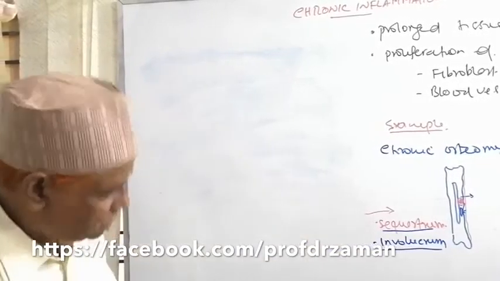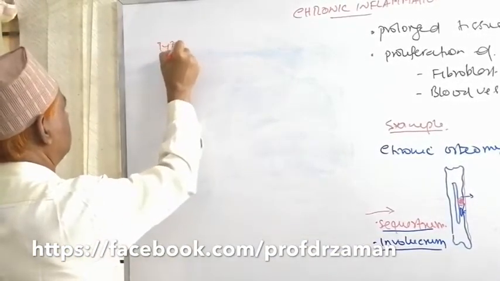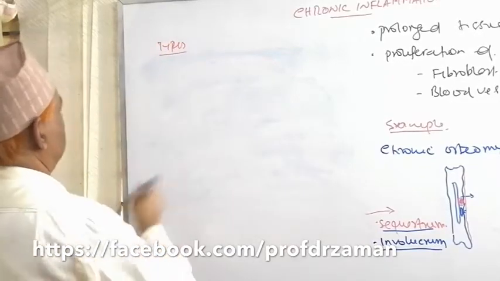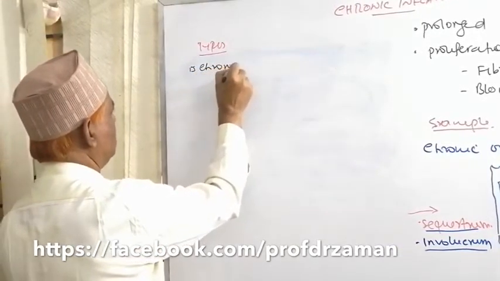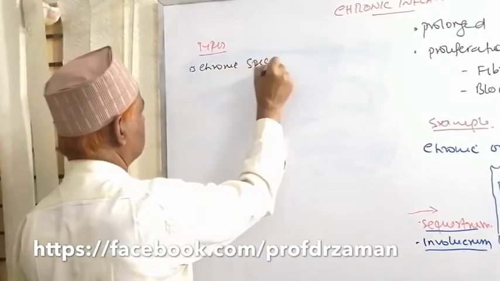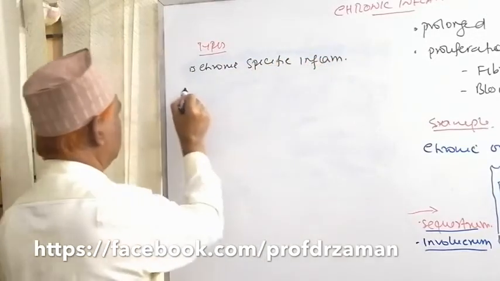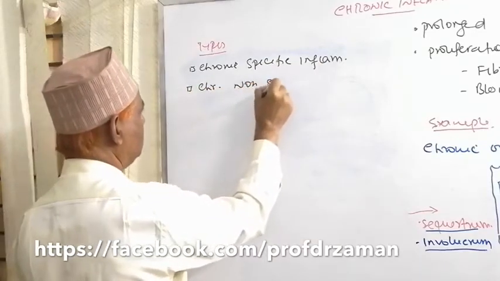Now come to types of chronic inflammation, or classification of chronic inflammation. One is chronic specific inflammation. Another is chronic non-specific inflammation.